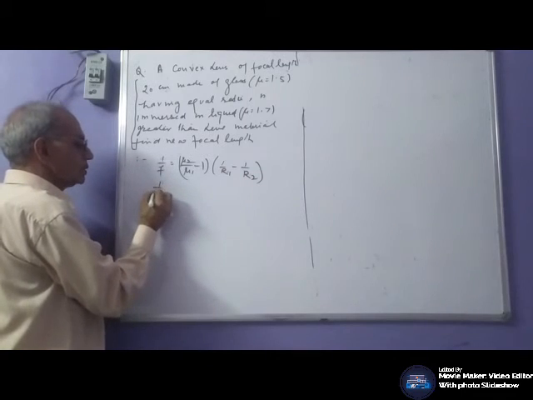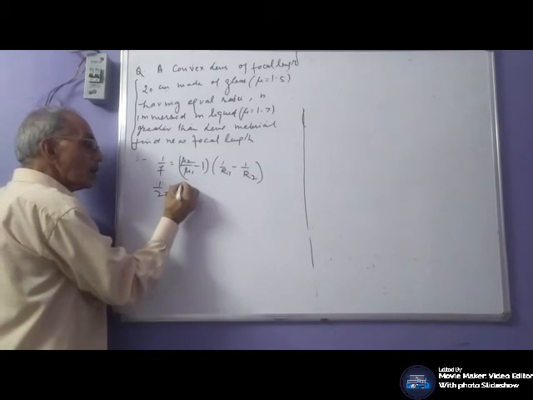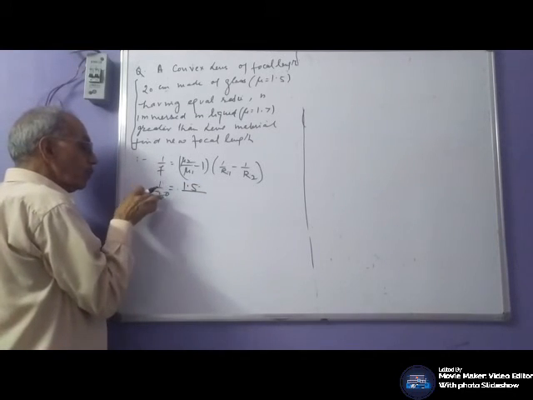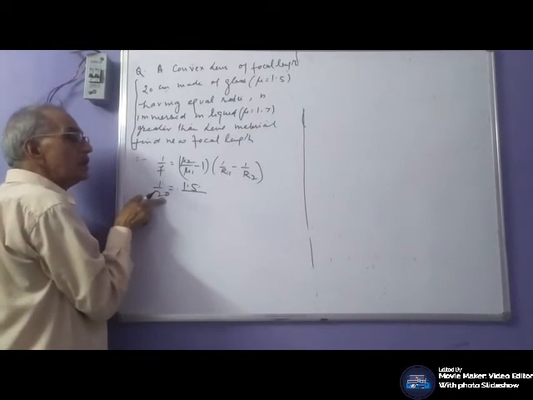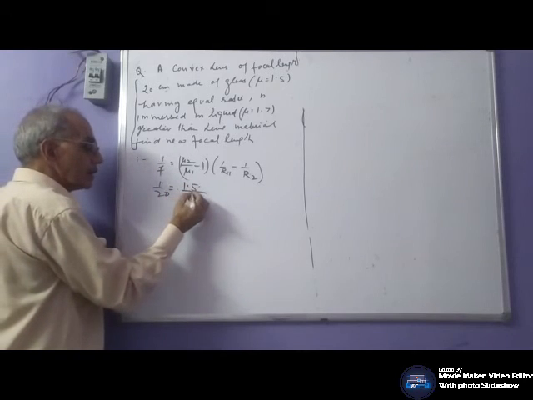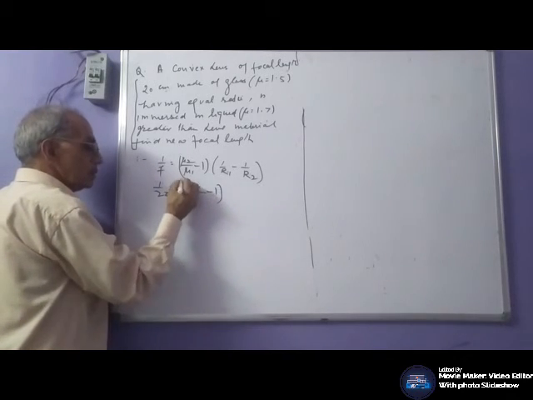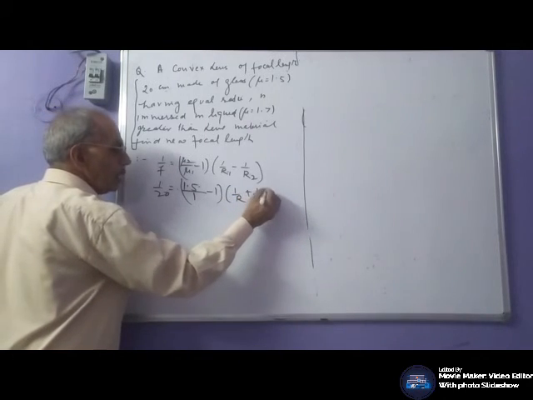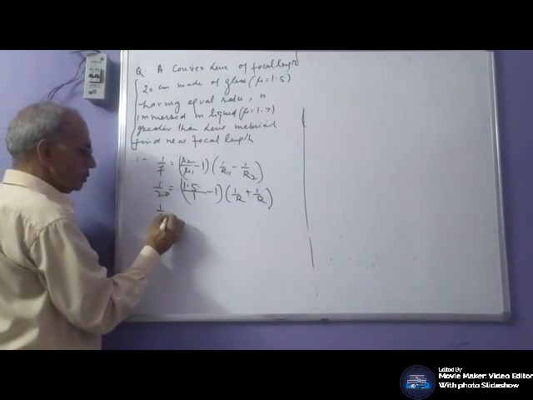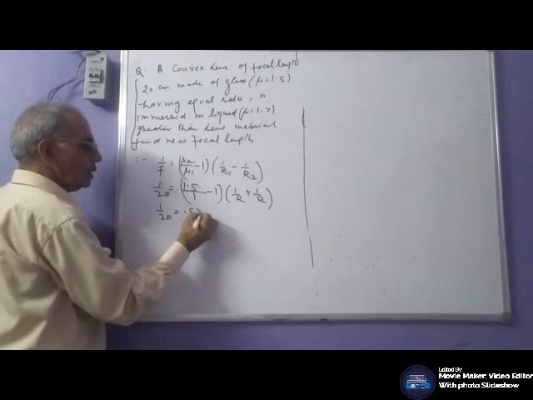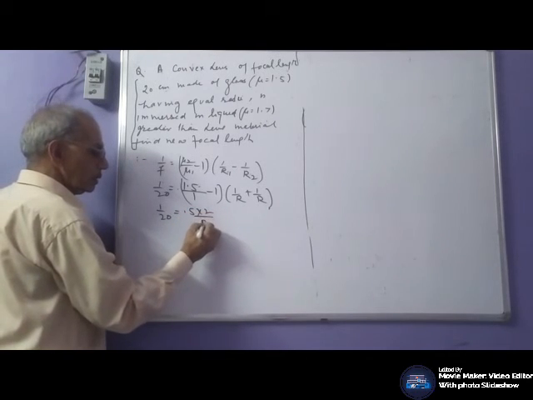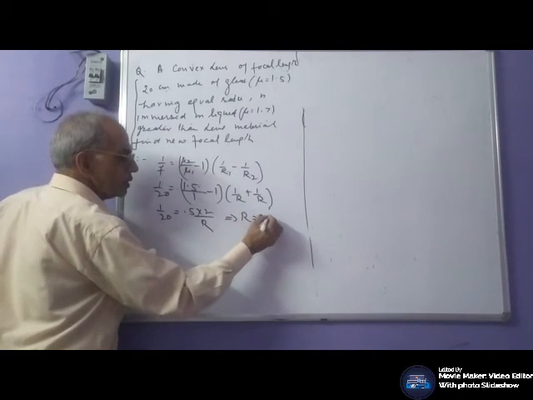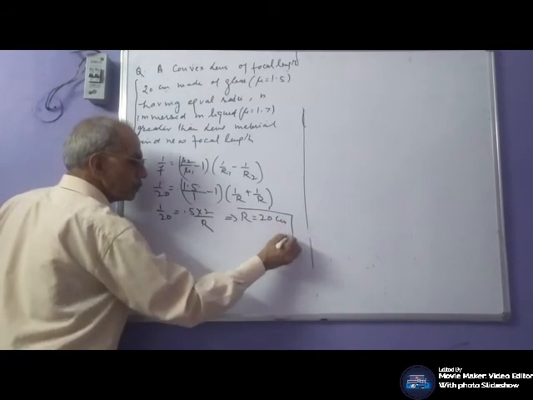The focal length was 20, mu 2 was 1.5. When focal length was 20, the lens was immersed in air. 1 by 20 is 0.5 into 2 by r, or r comes out to be 20 centimeter.